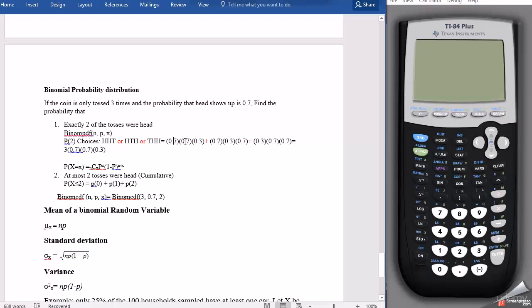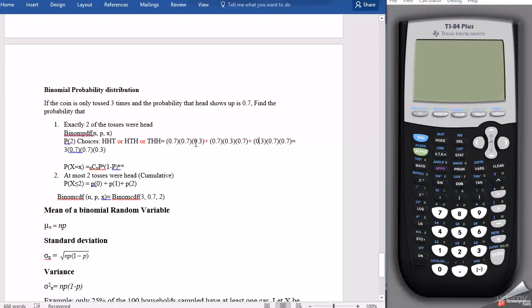This is head, head, tail. Remember, if the probability of head is 0.7, then the probability of tail is 0.3 because both have to add up to 1. Then you have head, 0.7, tail, 0.3, head, 0.7. That's the second option, head, tail, head. The last option is tail, head, head.